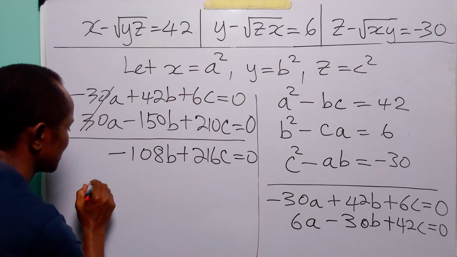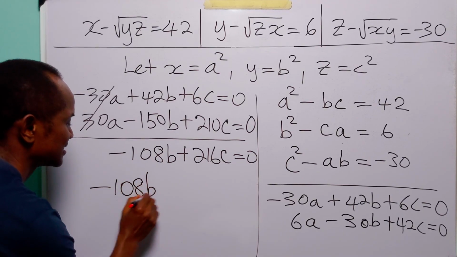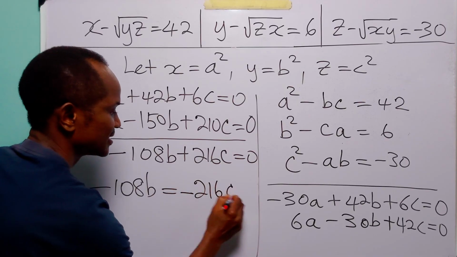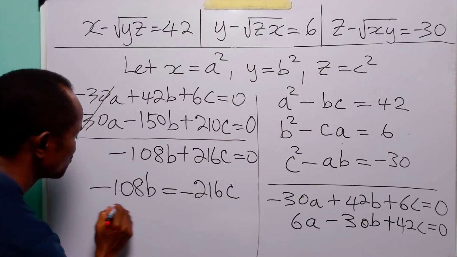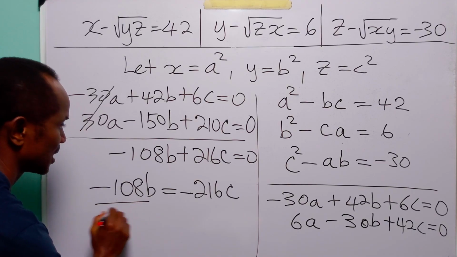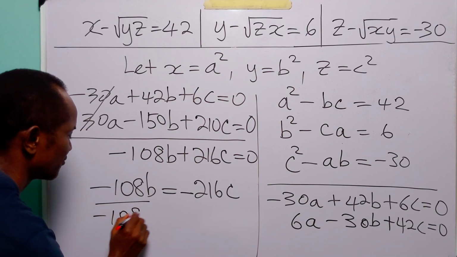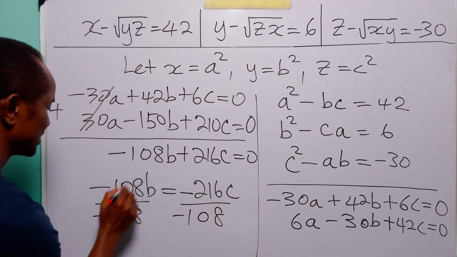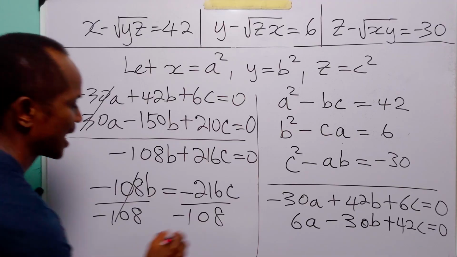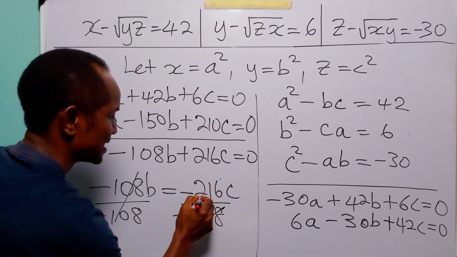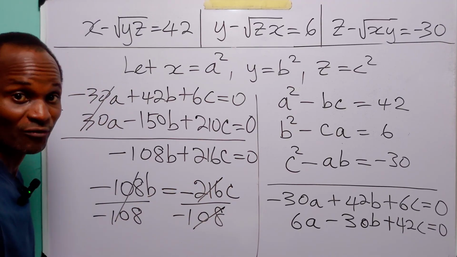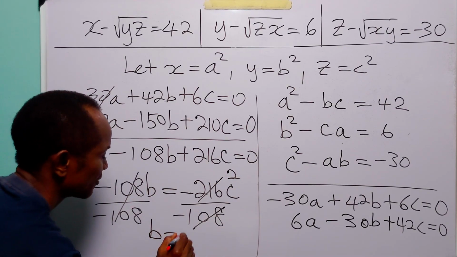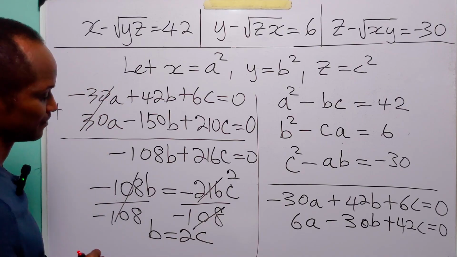Now, from here, we can see that minus 108B is equal to minus 216C. And of course, if we divide both sides of this equation by minus 108, this is going to take care of that. And 108 into 216 is, of course, equal to 2. So from here, we have that B is equal to 2 times C.